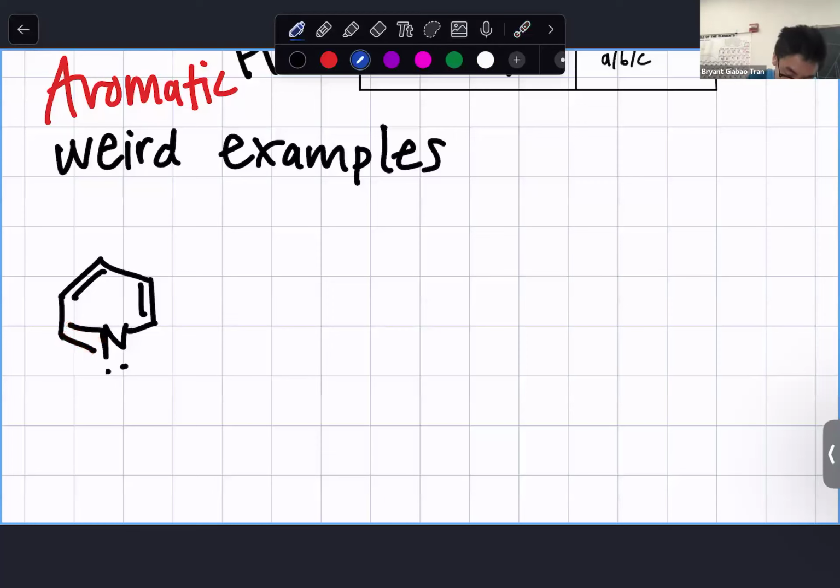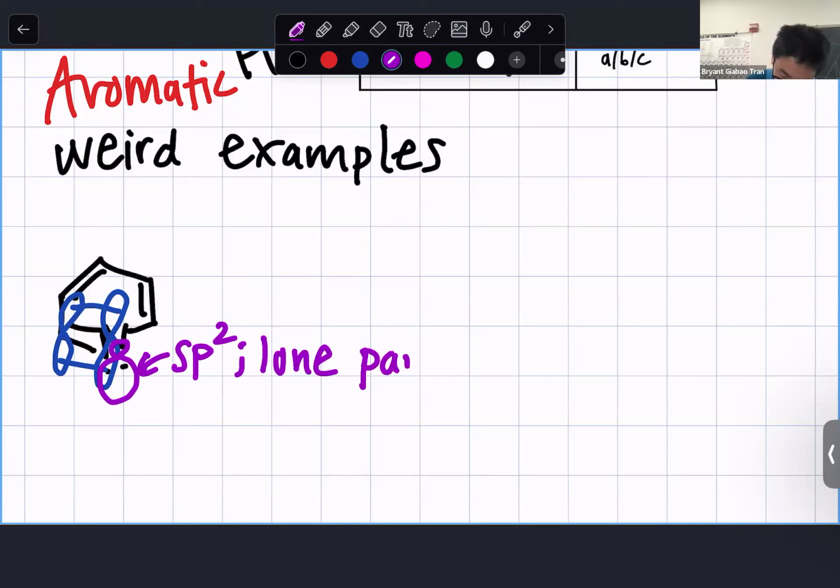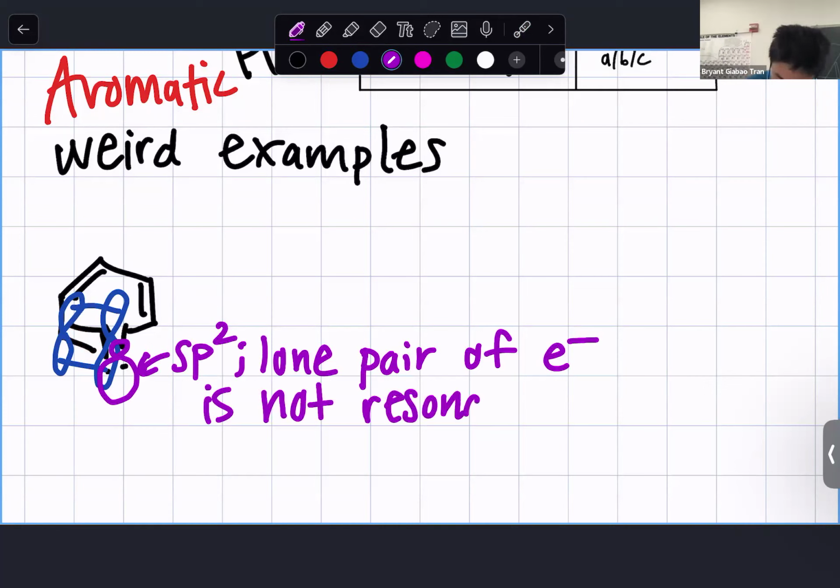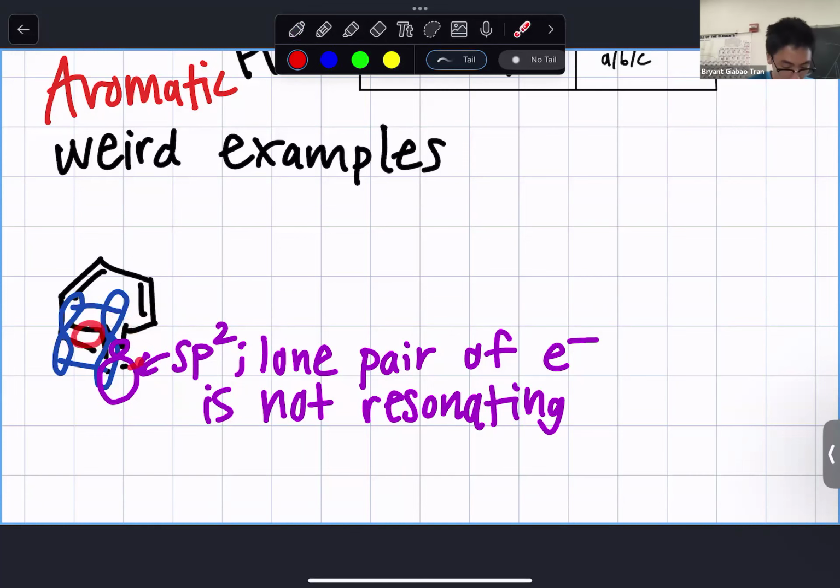That nitrogen's p orbital is not empty; it is already occupied by the double bond. That means this lone pair of electrons is not in a p orbital. It is in an sp2 orbital, so that lone pair is not resonating. It's stuck there because the double bond is taking the resonance power of that nitrogen. If there's already a double bond there, that lone pair would not resonate.